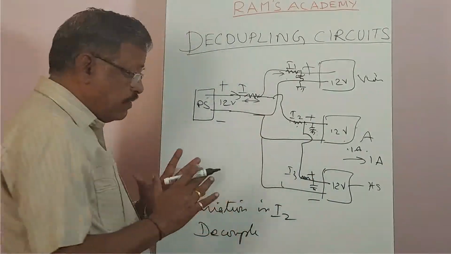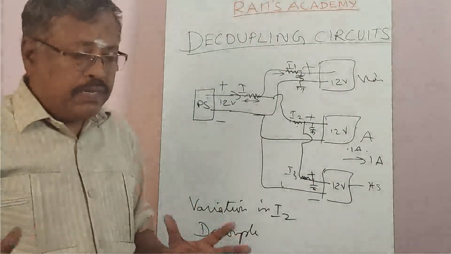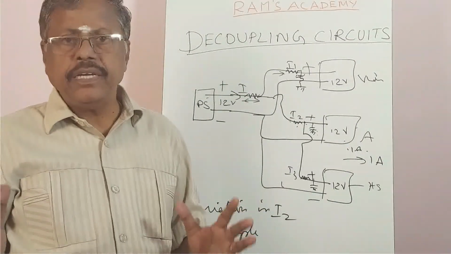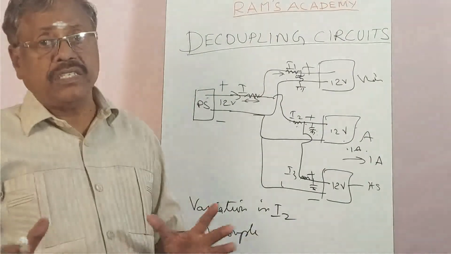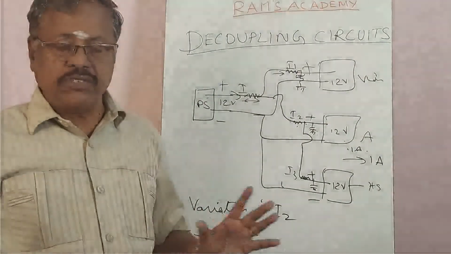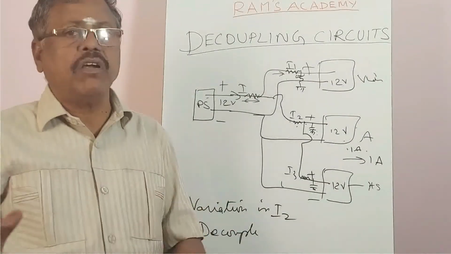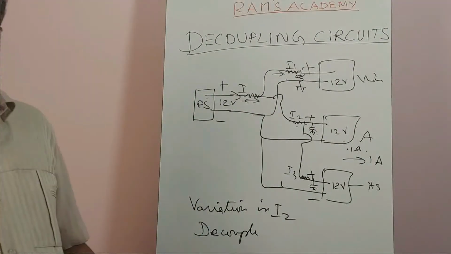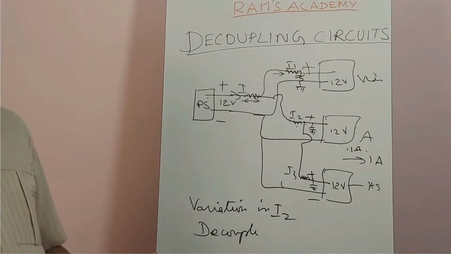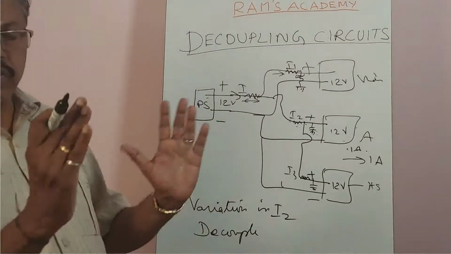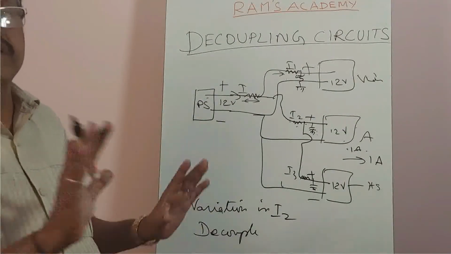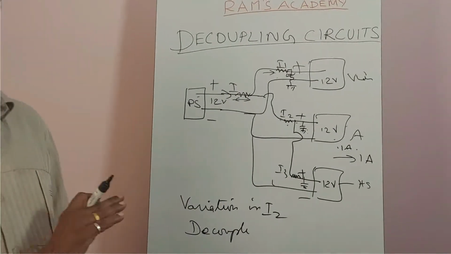Every stage becomes independent of changes in the voltage applied to a particular stage. Technically, this is called decoupling of one stage from another stage. So the effect is nothing. When you change the volume, it should not affect the picture in the TV, though we are using the same power supply. That is the aim of the decoupling stage.